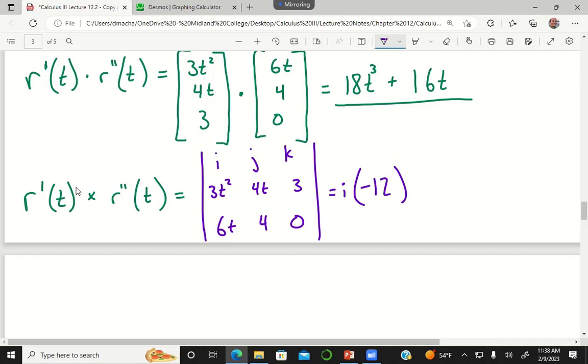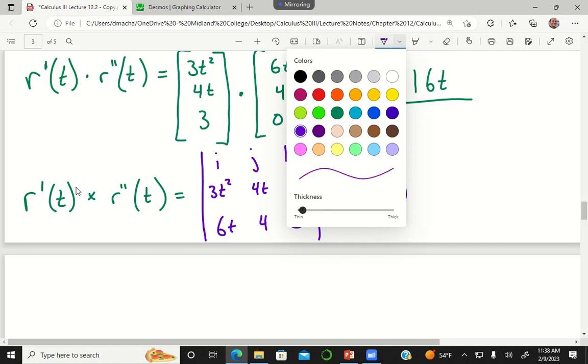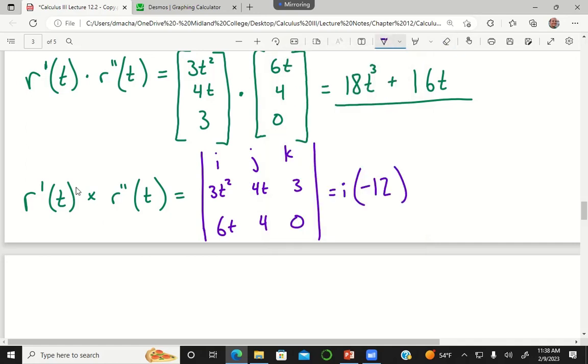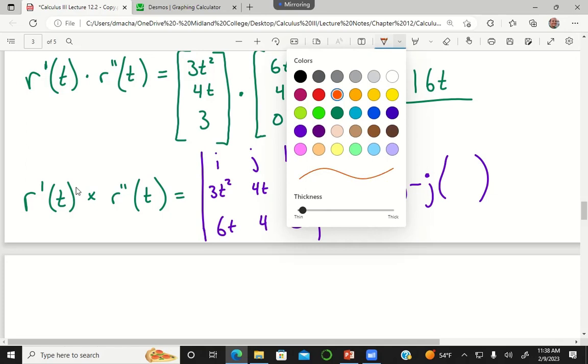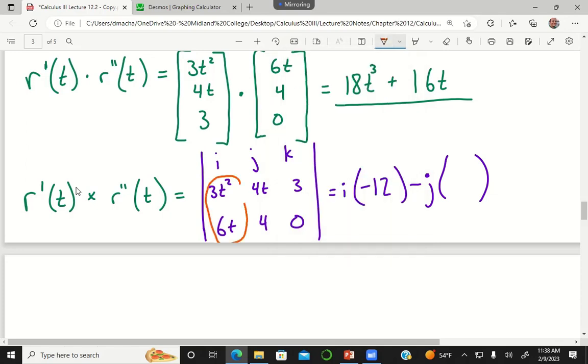Right. So whenever we are looking at the i component, we're looking at the determinant of this 2 by 2 submatrix. And this determinant would be 4t times 0 minus 4 times 3, which is negative 12. Okay. Minus j, don't forget the minus, because I always do, times the determinant of this 2 by 2 submatrix that includes those and those.